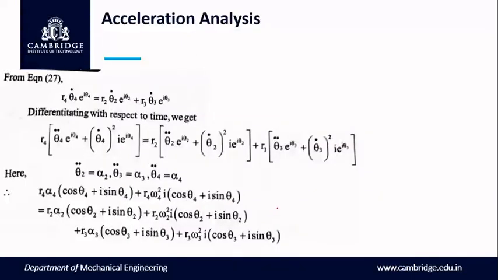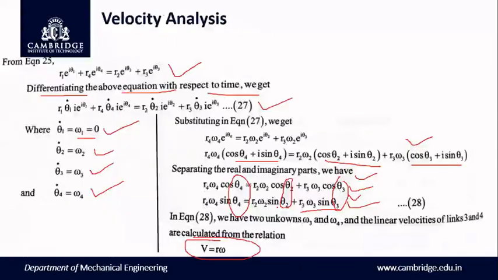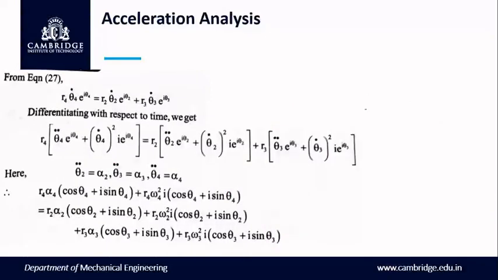Then acceleration. Once again, the previous step, differential equation number 27, we need to consider and differentiate once again to get acceleration, because we know that the rate of change of velocity with respect to time is acceleration. So on differentiation we get one more equation, and we know the second derivative of theta is angular acceleration.